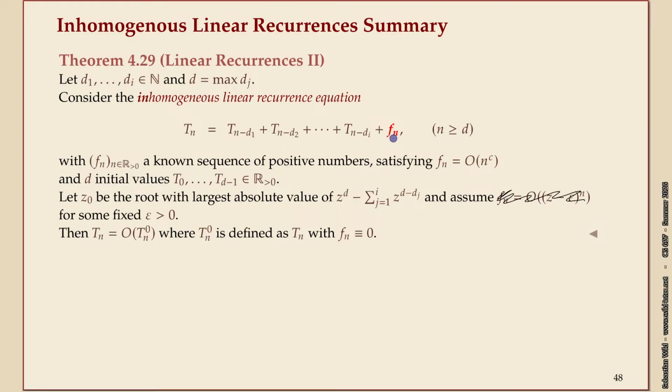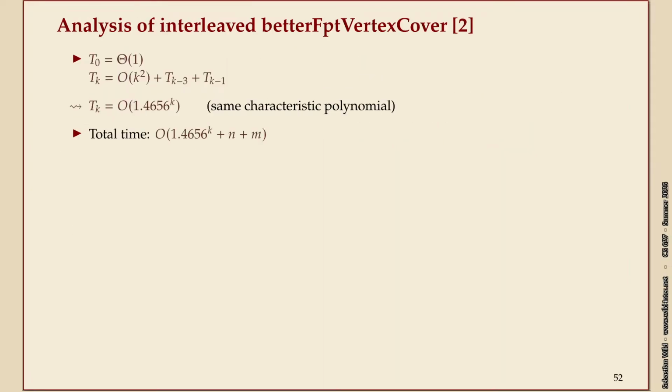We just replace it by nothing. But that's the recursion we've solved last time for the number of base cases, which was exactly this 1.4 something to the k. So we get that now the total time is this exponential. No polynomial factor applied to it whatsoever.